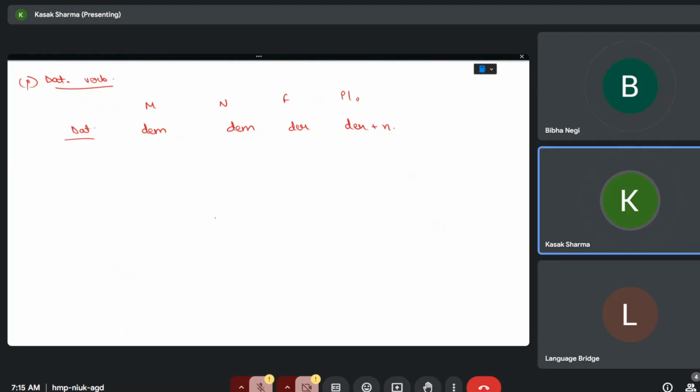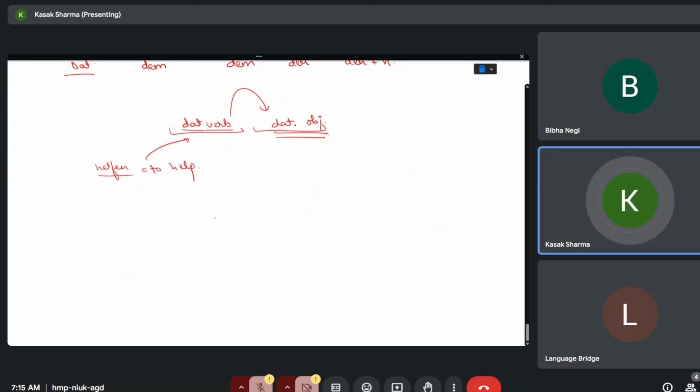Now, if a dative verb is there, any object after it will get dative case and become a dative object. For example, helfen is a verb which means to help, and it is a dative verb. For example, I help my mother.